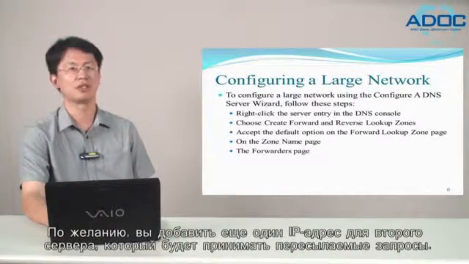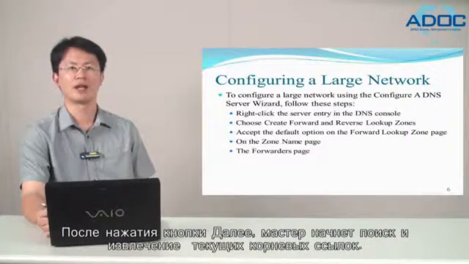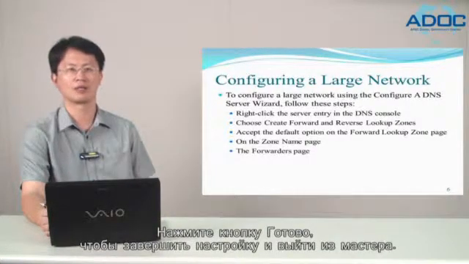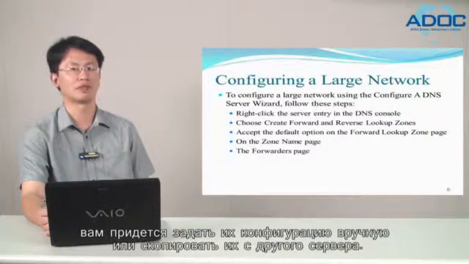Then you can optionally include the IP address for a second forwarder as well. When you click Next, the wizard will search for and retrieve the current root hints. Click Finish to complete the configuration and exit the wizard. If there is a problem configuring the root hints, you will need to configure them manually or copy them from another server.